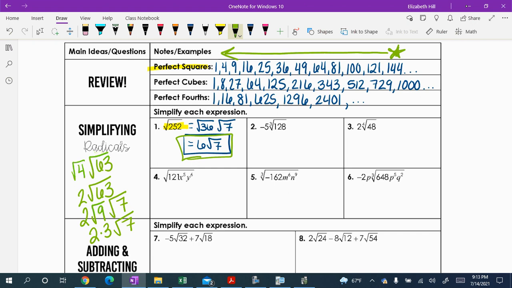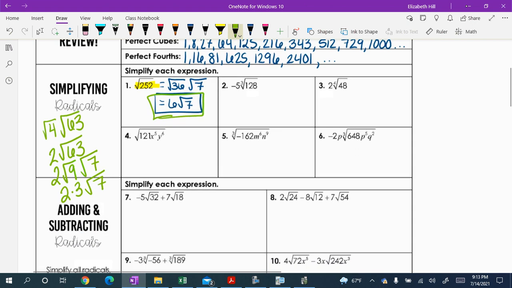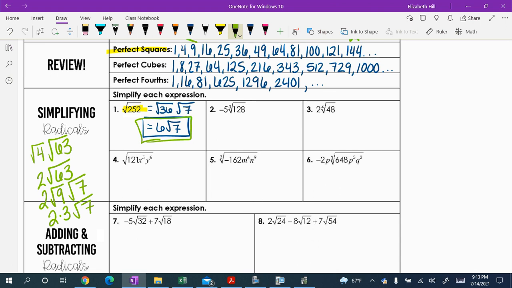Now, I'll stay at number 2 here. We've got -5 times the cubed root of 128. This time I'm going to look at my perfect cubes, and starting at the upper end, I'm going to see which one of those is divisible. Can we divide 128 by it? The one that jumps out to us here is 64.